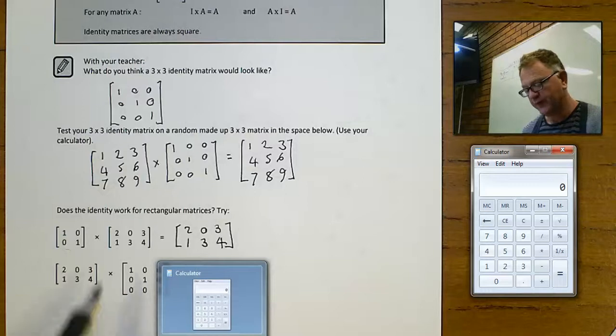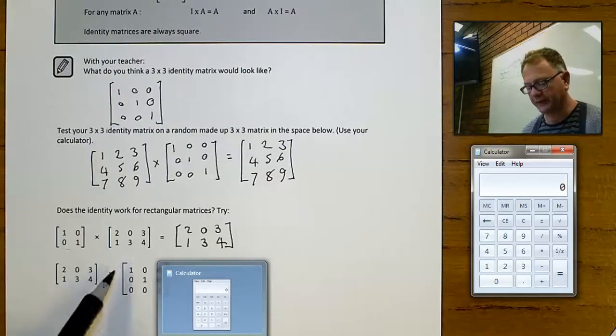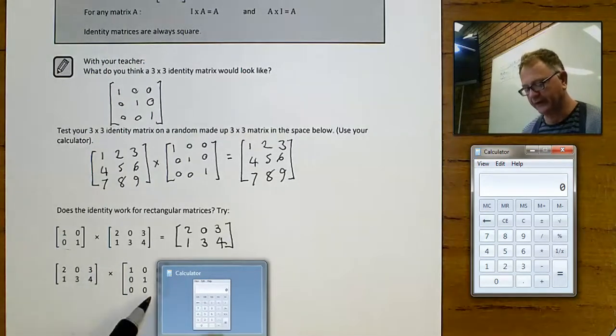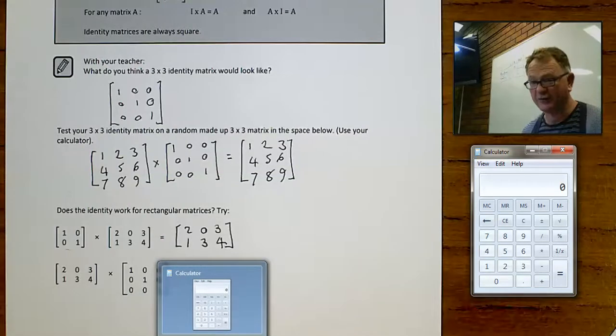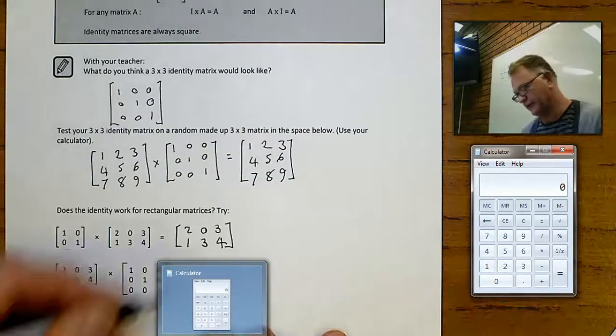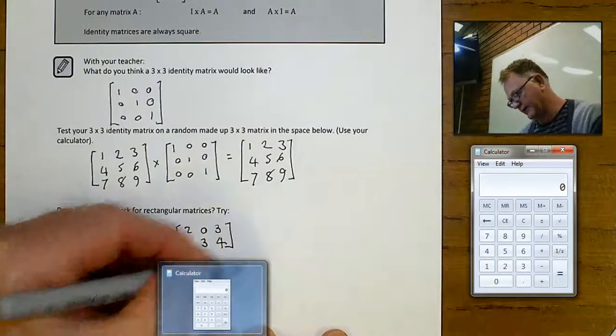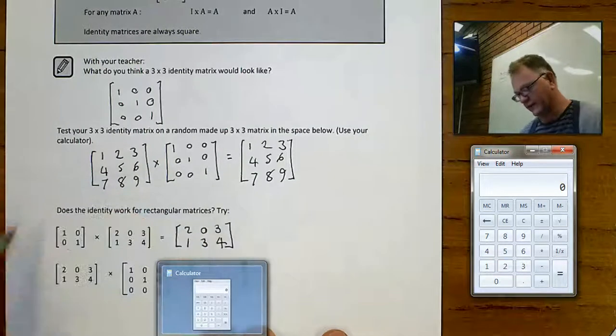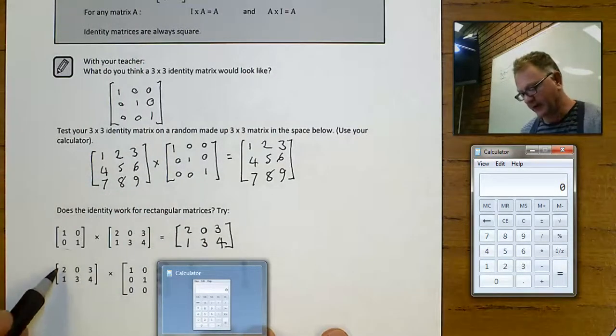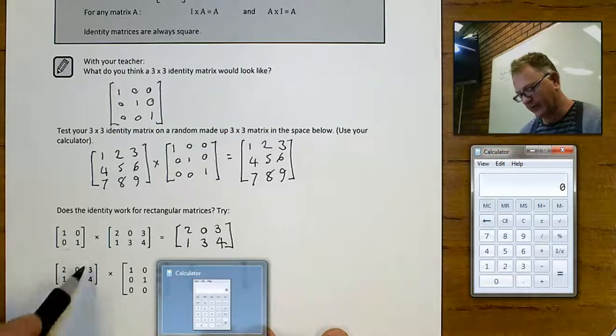If you do that multiplication in the opposite order, in other words multiply this by an identity, we need to use a 3 by 3 identity because the number of columns in the first matrix must match the number of rows in the second matrix to be able to do any sort of multiplication. Now when we do it, let's see what we get. We're going to multiply rows by columns.